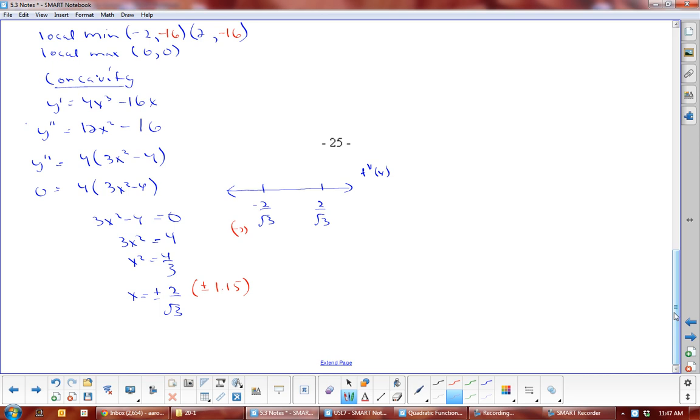So 4 times negative 2 squared minus 4, that's all positive. Between these I can put 0. So that's 0 minus 4, so that's negative there. And then positive 2 will again give me a positive value. So happy, sad, happy.